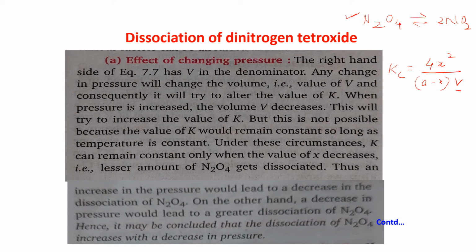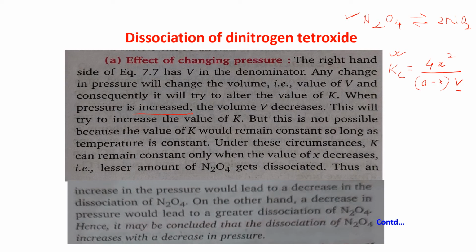So that means if I change the pressure, there is a direct effect on the volume. So let us first take the case when the pressure is increased. If the pressure is increased, volume will decrease. As the volume is in the denominator, if the volume is decreasing, naturally the Kc will increase.